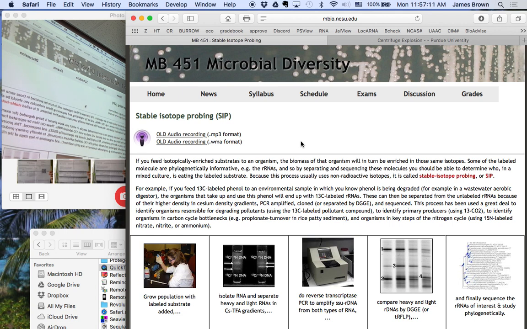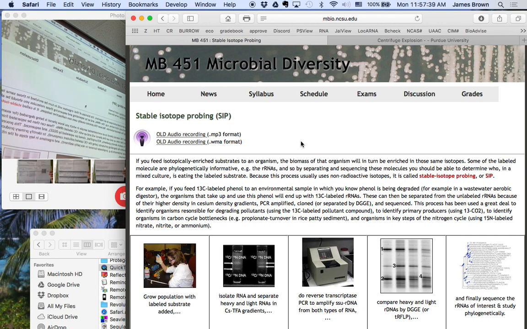A lot of industrial wastewater treatment facilities have to deal with phenol. And you want to know who's eating the phenol, you would take a sample of that and you would feed it heavy isotope labeled phenol. So this is phenol. It's got 6 carbons. You make a heavy isotope labeled phenol where all 6 carbons are C13.